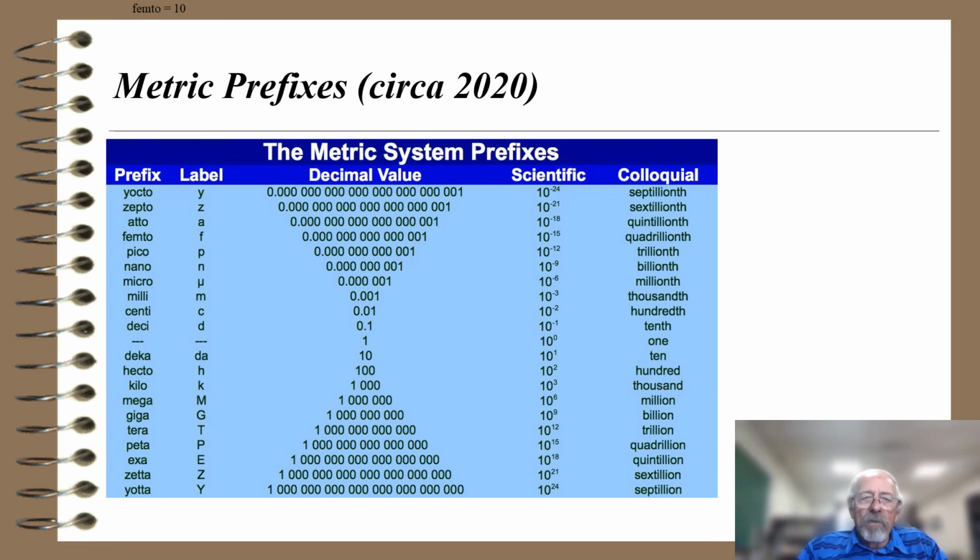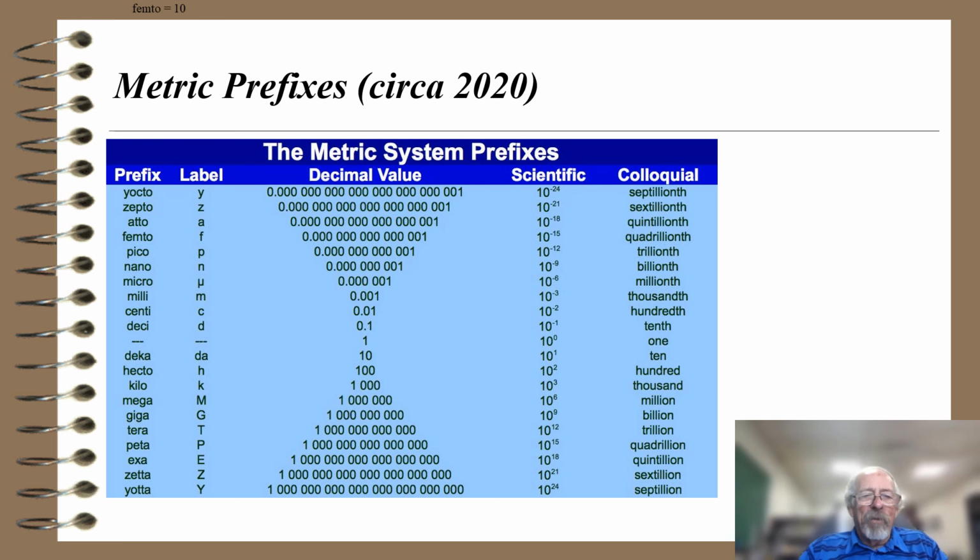And as we get better at measurements and can do more with our instrumentation, we actually come up with new prefixes. When I was a young person, things like pico were represented as micro micro, as opposed to pico.